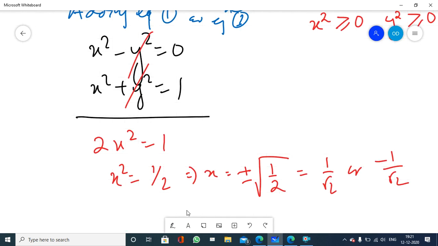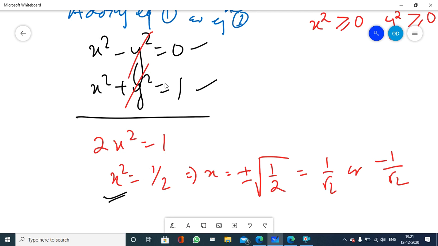Now we know the value of x square, which is equal to 1 by 2. In either of these two equations, by replacing x square with 1 by 2, you can find the value of y square. This is how we solve equations in high school, right?